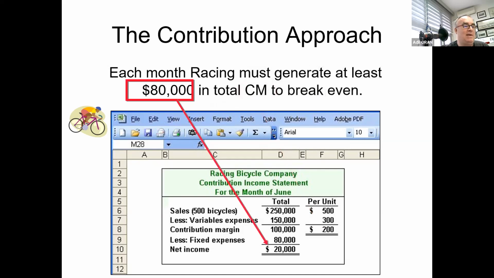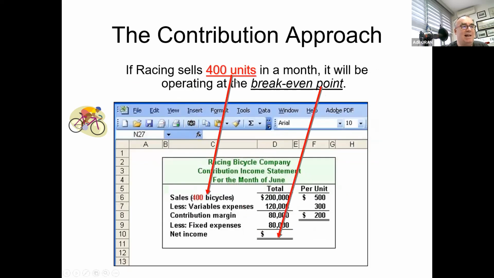So let's look at the calculations. In order to break even on 80,000 of fixed cost, we need to sell 400 bicycles. 80,000 divided by $200 is equal to 400. If we sell exactly 400 bikes, revenue is 200,000, variable cost is 400 times 300, which is 120,000, and contribution margin is 80,000.